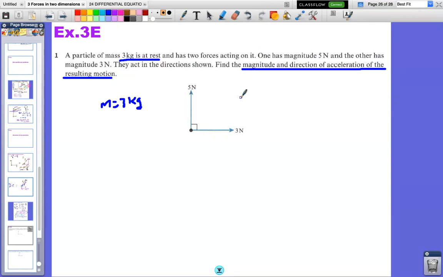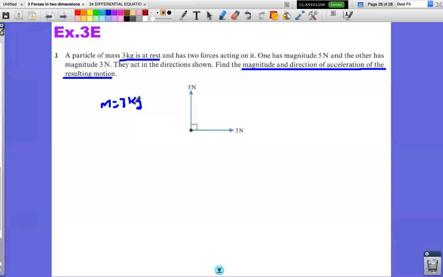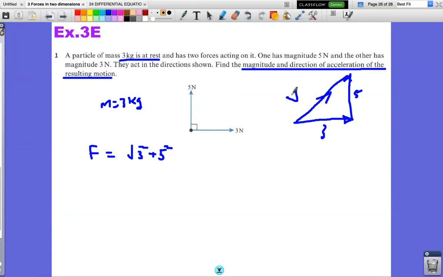So all we need to do here is find the resultant force, right? So your resultant force will be the square root of 3 squared plus 5 squared. Of course, if you sketch this force like that, you will see that this is 3 newtons and this is 5 newtons. So your resultant should be like that, which is the square root of 3 squared plus 5 squared.